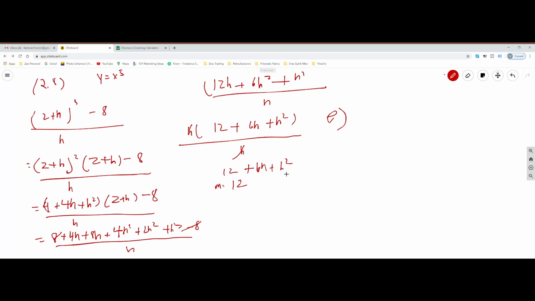So in order to find the slope, you substitute 0 as H, and when you do this, you find that the slope is 12.